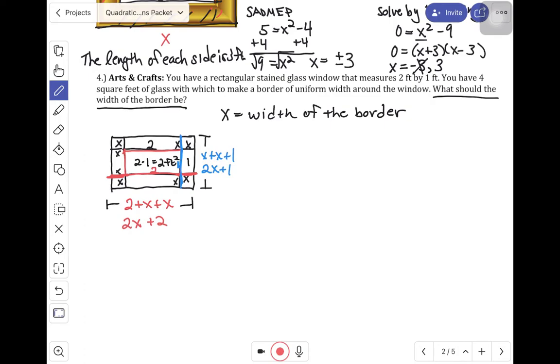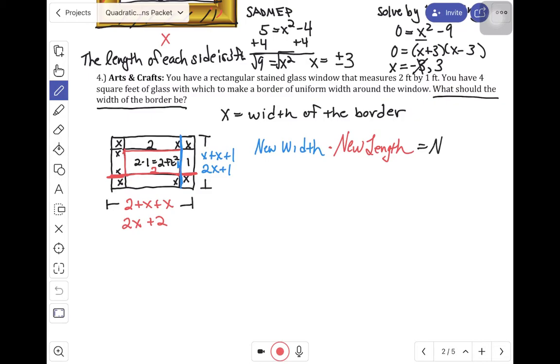Your new width is 2x plus 1. What I'm starting to build right now is that I could take my new width times my new length, and I would get my new area.